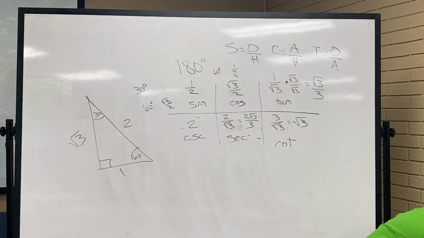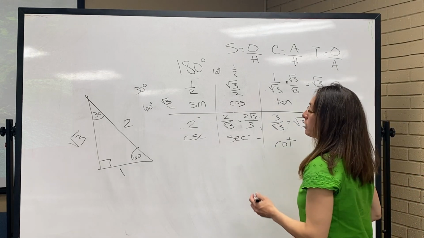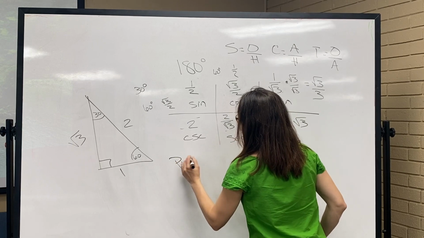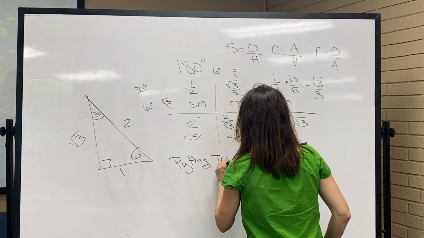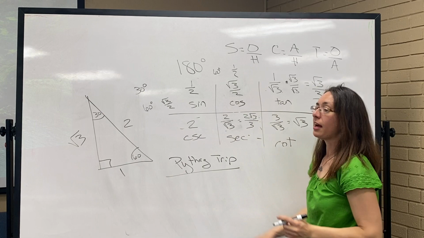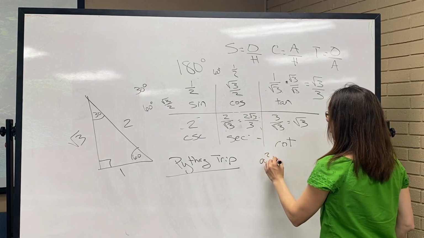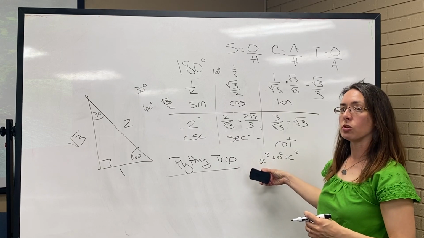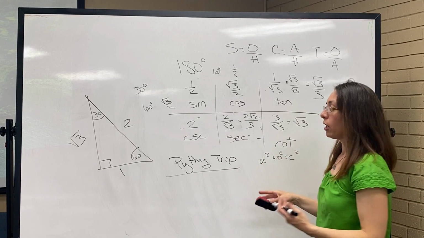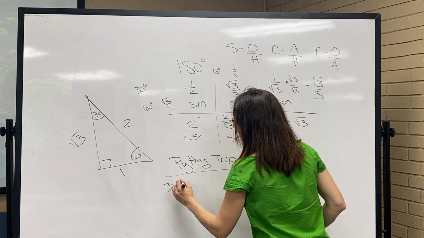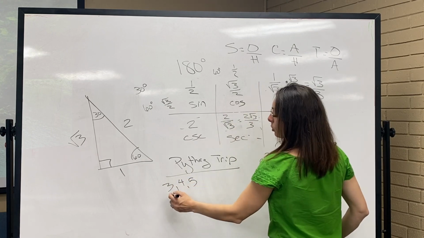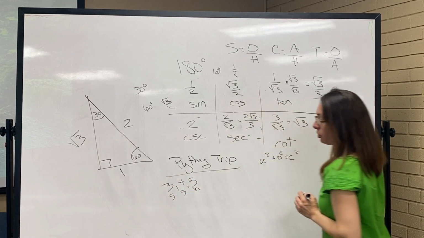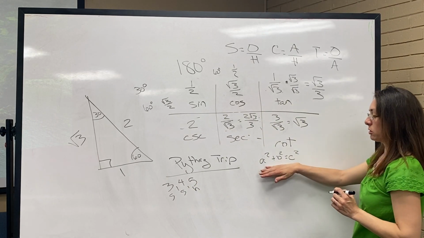Okay, we talked in class about some very special values called Pythagorean triplets. So Pythagorean triplets are special values that fill out that Pythagorean theorem of a squared plus b squared equals c squared without you having to actually do the work. You can always do the work, but if we know that 3, 4, 5, so that side, side, hypotenuse always works out to be this.